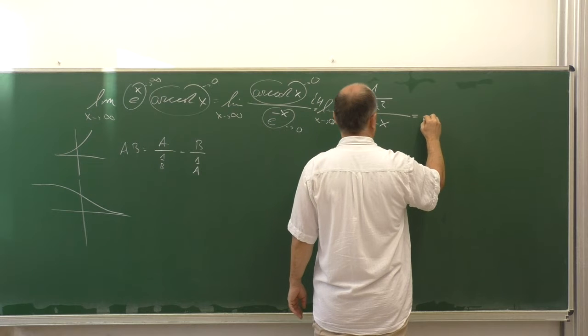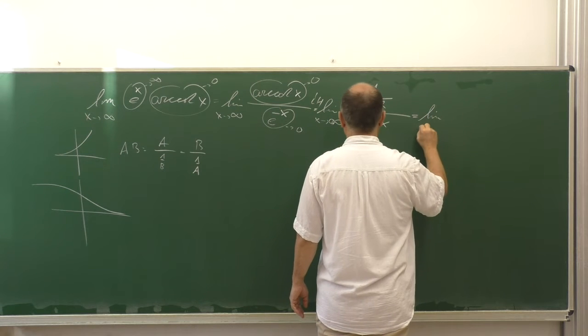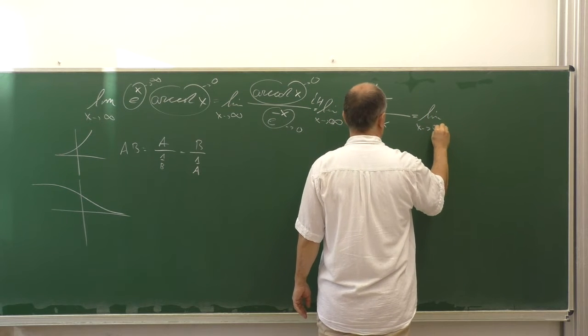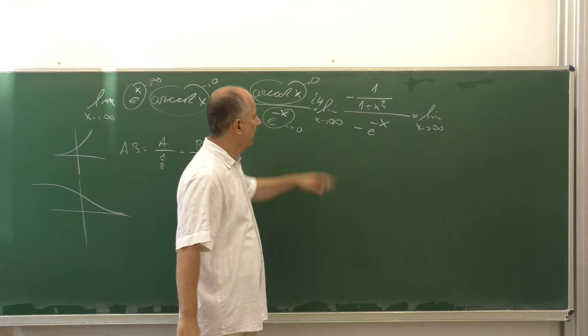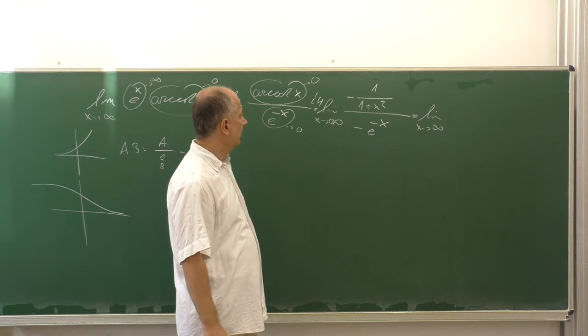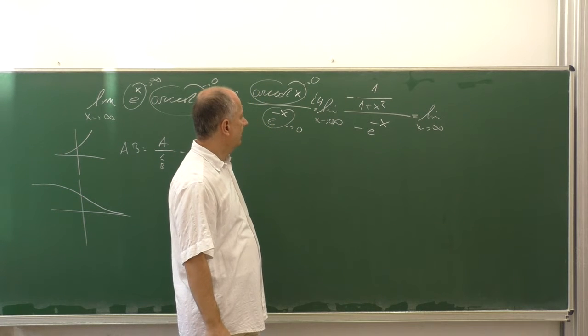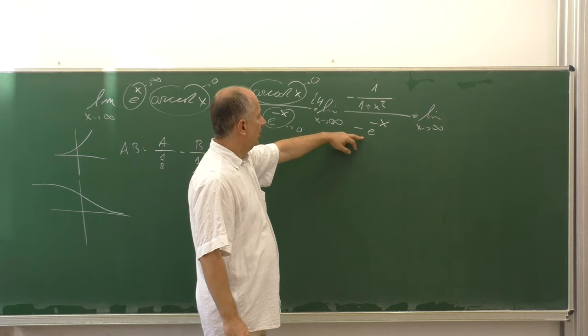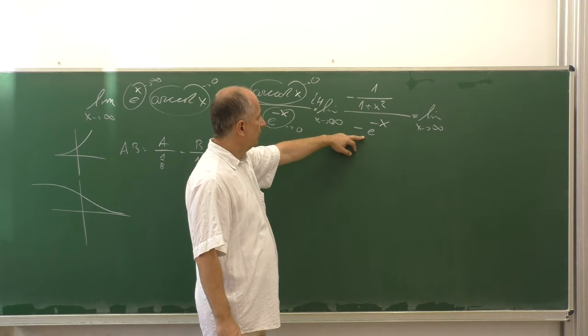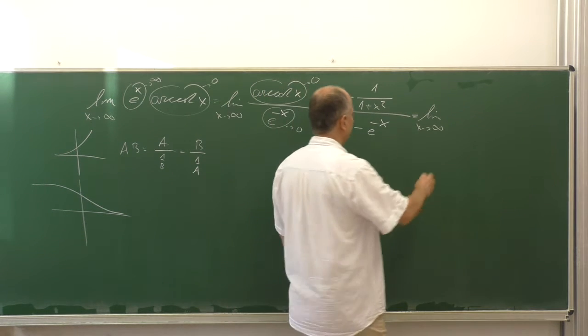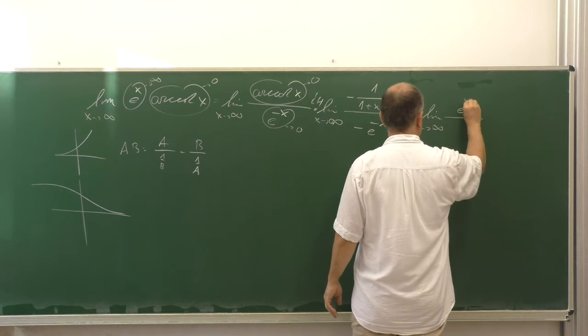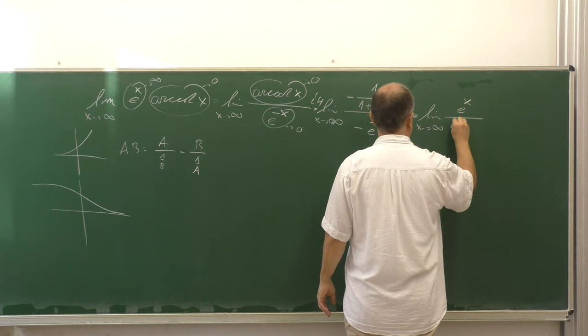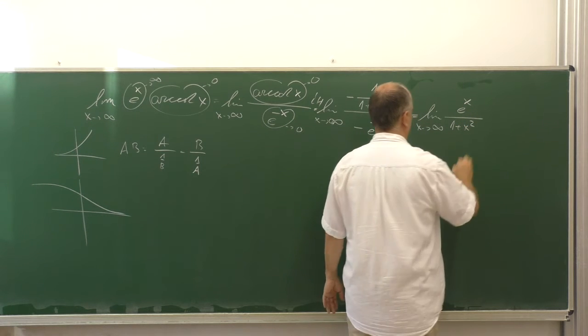And we can simplify this to get the limit for x approaching infinity. Minus cancels, and dividing by e to minus x is multiplying by e to x, so we end up with a fraction e to x divided by 1 plus x squared.